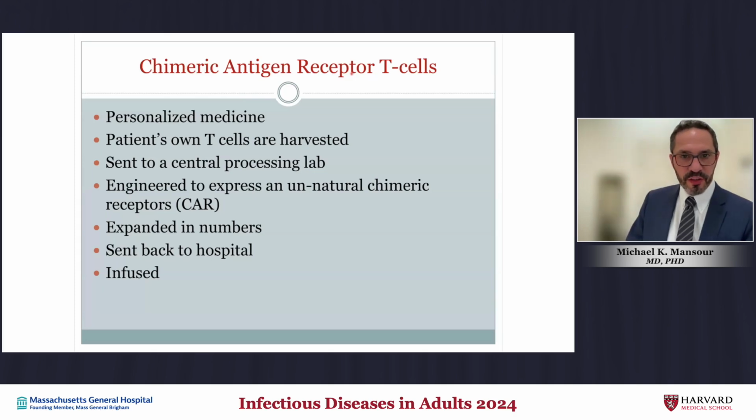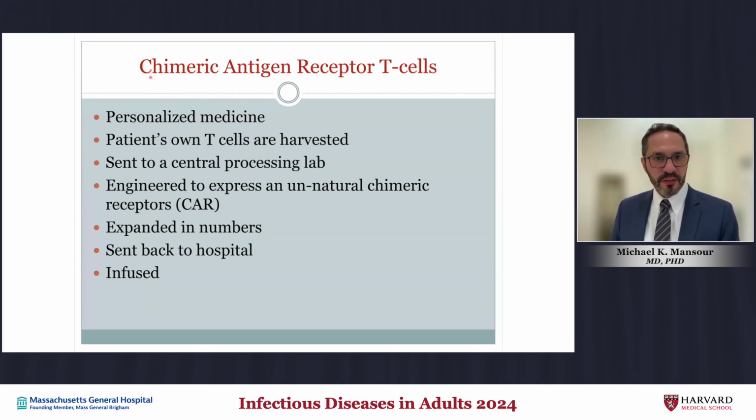And so CAR T cells, which stands for chimeric, that's the C, antigen receptor, CAR, CAR T cell. This is personalized medicine, okay? So here's part of the answer. This is the patient's own T cells, which are harvested during a pheresis run. And it's sent to a central processing lab. There's many around the country.